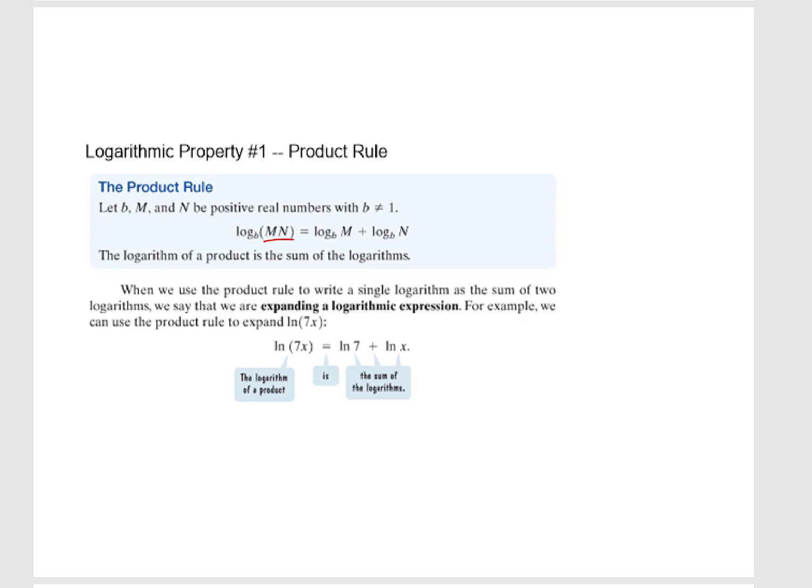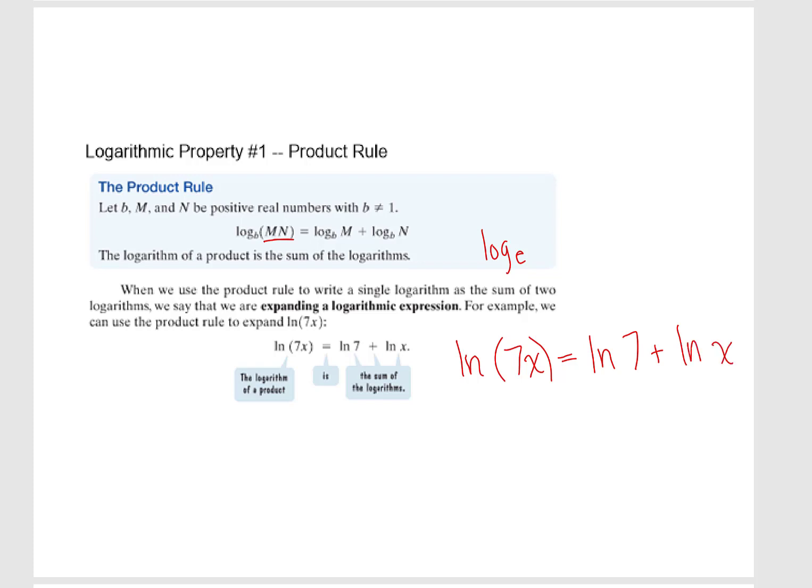So they give you an example down here. They say, okay, remember ln is the same as log base e. So ln, the natural log of 7 times x, would be the same as the natural log of x plus the natural log of 7.